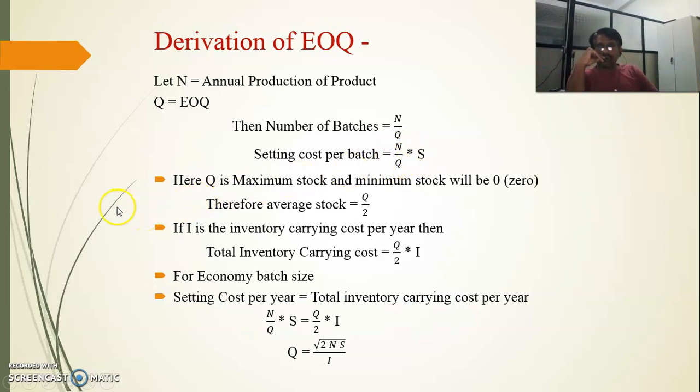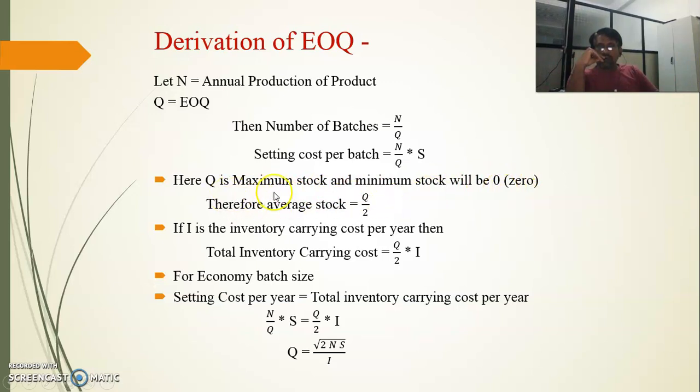Now here we should understand that Q, whatever we have taken here, it is the economy order quantity, and which is a maximum stock in a batch, and minimum stock in a batch will be 0.